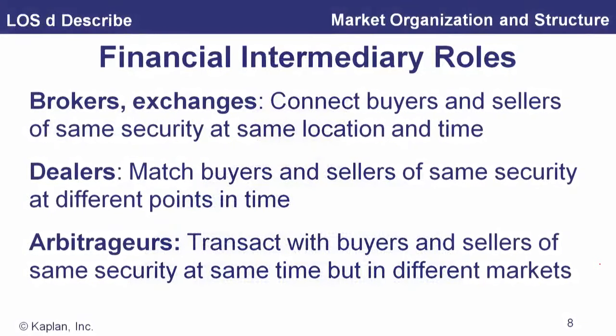Arbitrageurs. Well, our official definition here, or explanation, is transact with buyers and sellers of the same security at the same time, but in different markets. The idea of pure arbitrage is that if there's a difference in price between two things that are essentially the same in their future payoffs, then they want to buy the low one and sell the high one, okay, and just capture that difference.